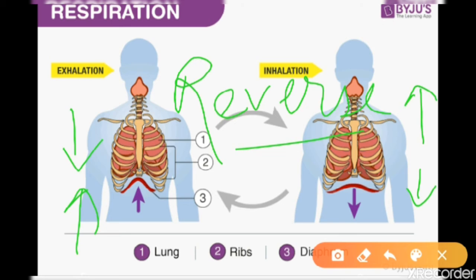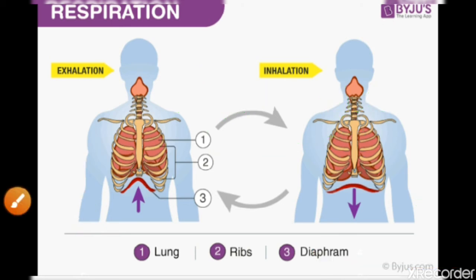Okay, now let's see, if we are taking the oxygen, how it is circulated in the whole body, because that part of glucose what we have digested is already present in each and every cell. So how it is carried, let's see.